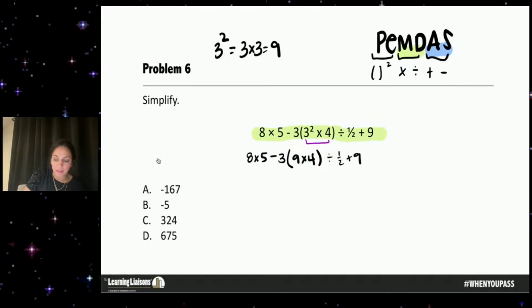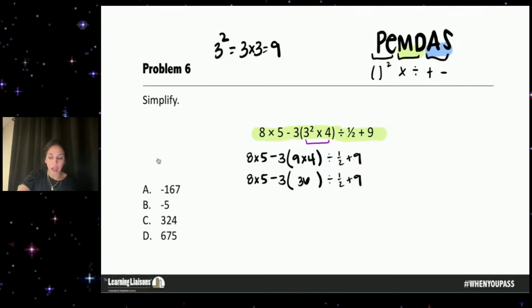I'm going to keep everything the same except for the one part that I'm working on, which is what's in that parenthesis. 9 times 4 is what? 36.